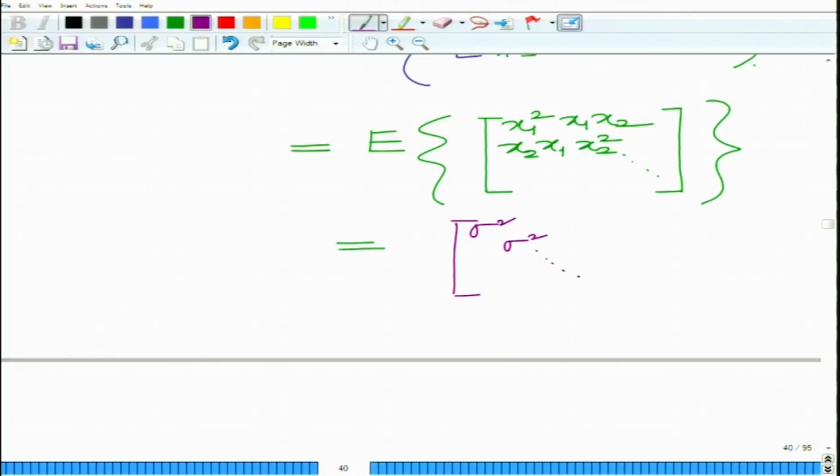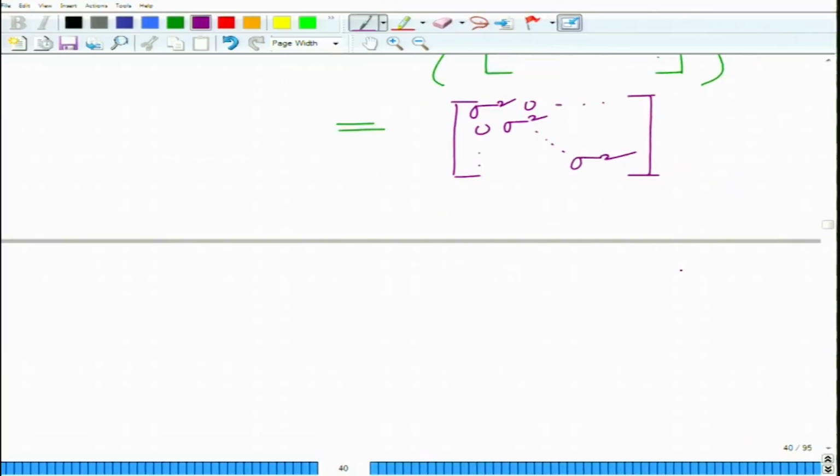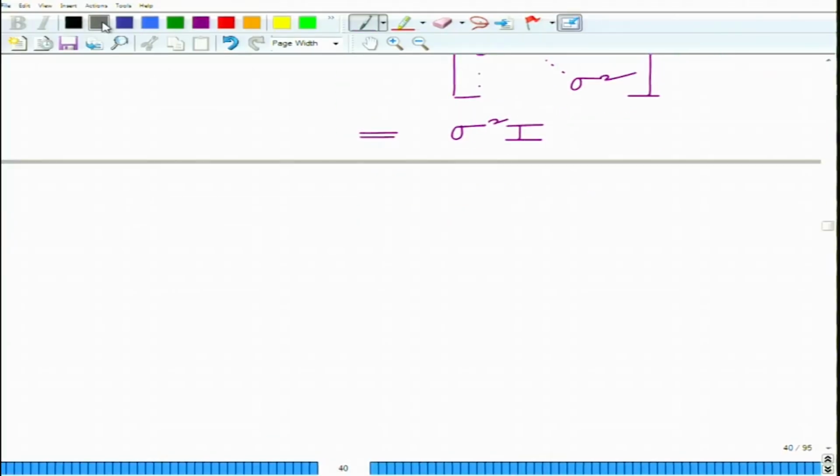All the diagonal elements are sigma square, the off-diagonal elements are 0, and therefore this is also sigma square times identity. So our covariance matrix equals sigma square times identity.